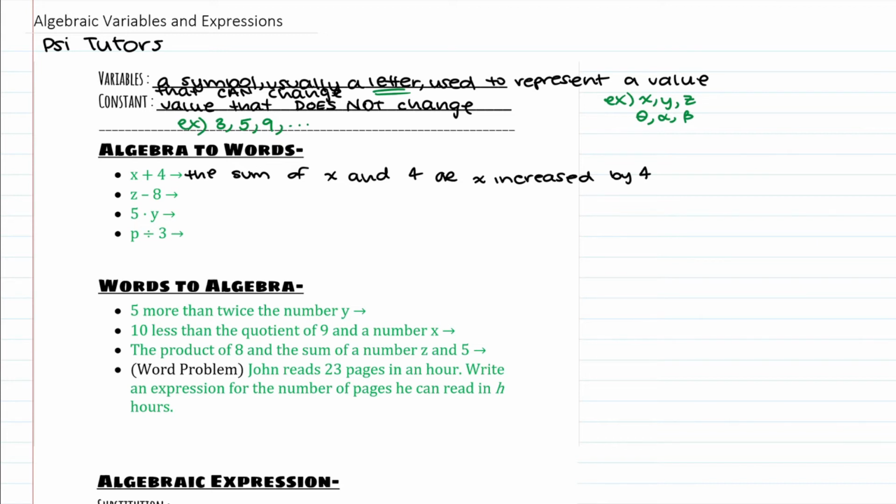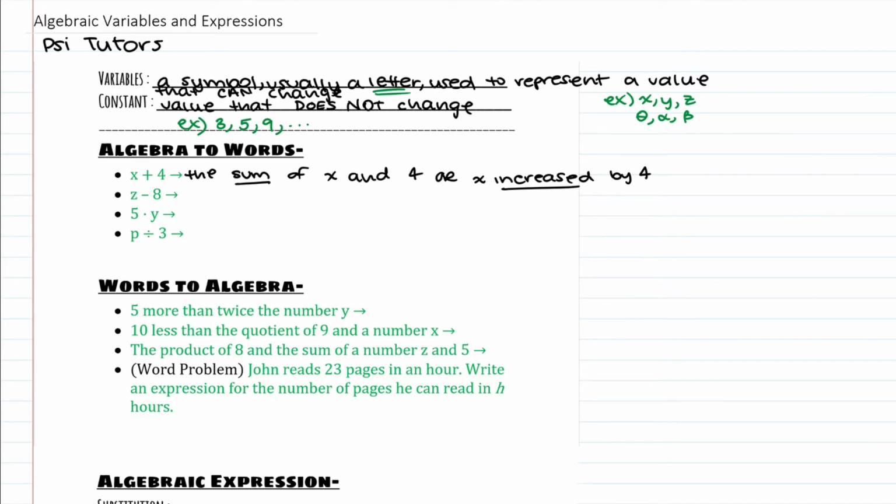Okay, notice how I have used the word sum here. Whenever you see sum, you just know that it is addition. Again, increased, addition. Okay, so these are some key terms that you just gotta know.